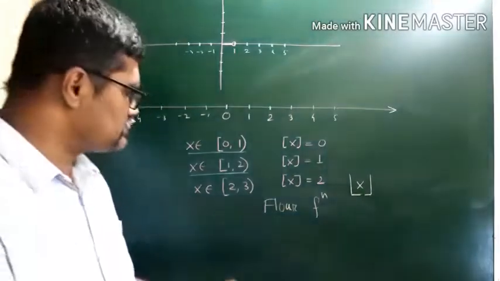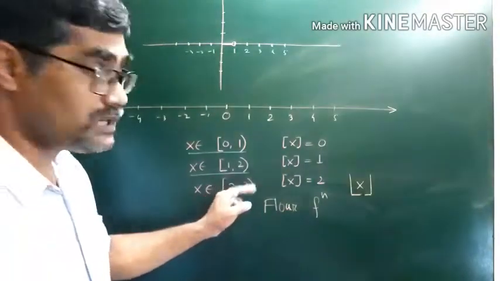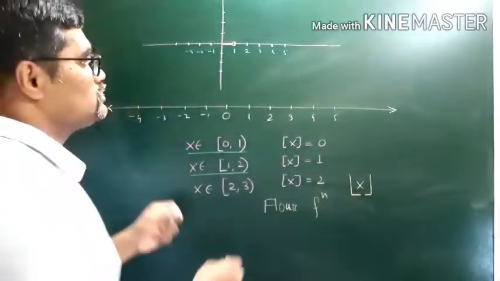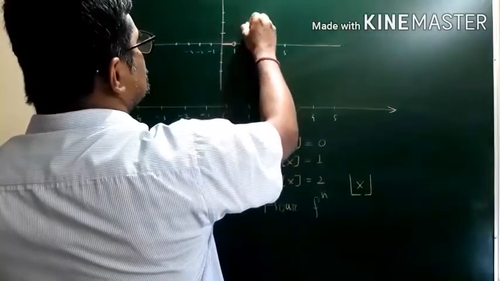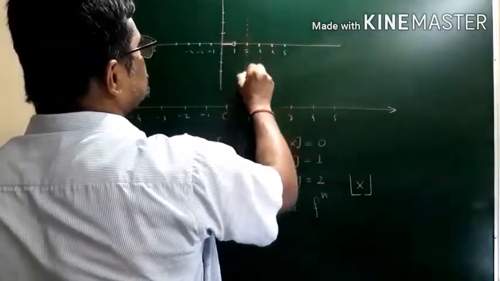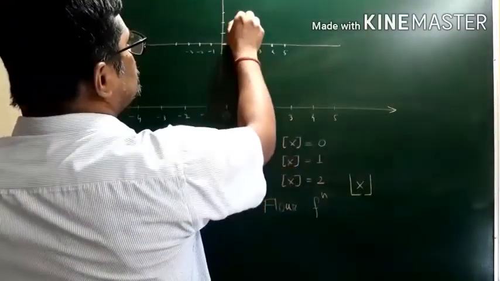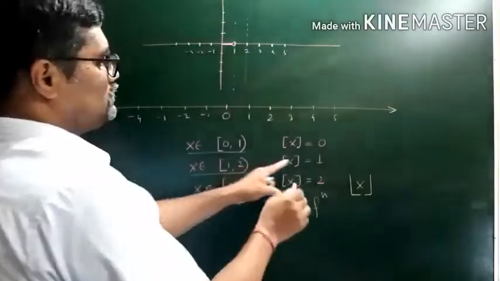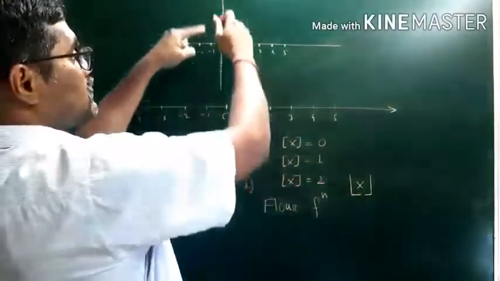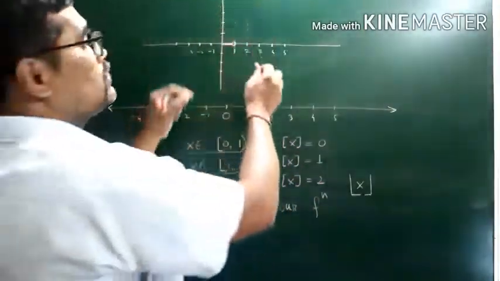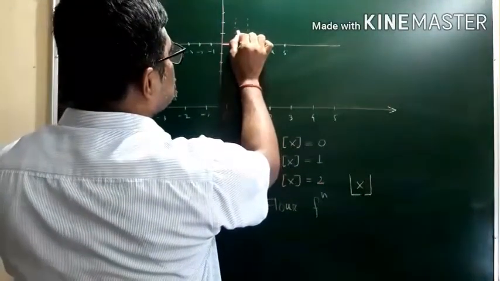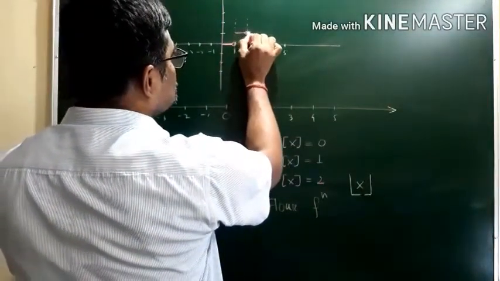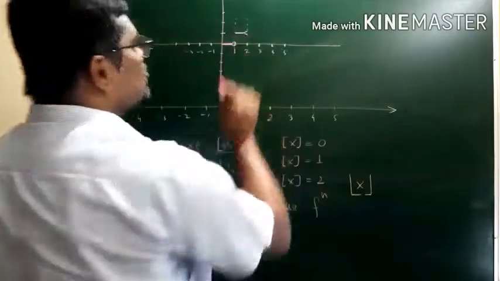Next part. Here from 1 up to 2, it will not touch 2. So I draw a dotted line like this. I have to take values from 1 to 2, then the return is 1. Means along the y-axis I have to go one step up. So my values will start here, but I cannot touch this dotted line. So it will look like this.